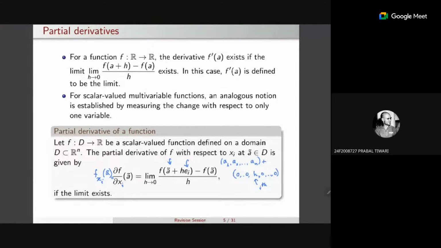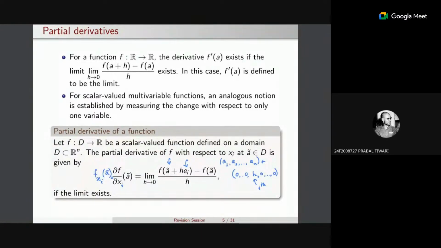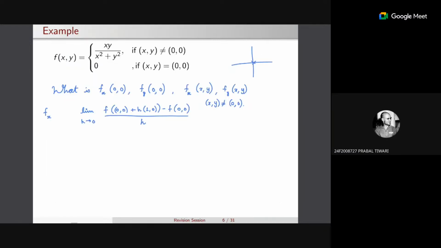In two or three variables, we write xy or xyz, and you can treat x, y as x1, x2. So the partial derivative with respect to x means it is fx1, in which case I have to write a tilde plus h e1. And e1 is 1, 0, and e2 is 0, 1. So if you want the partial derivative with respect to x, you have to do h times 1, 0. And if you want the partial derivative with respect to y, you'll have to do h times 0, 1.